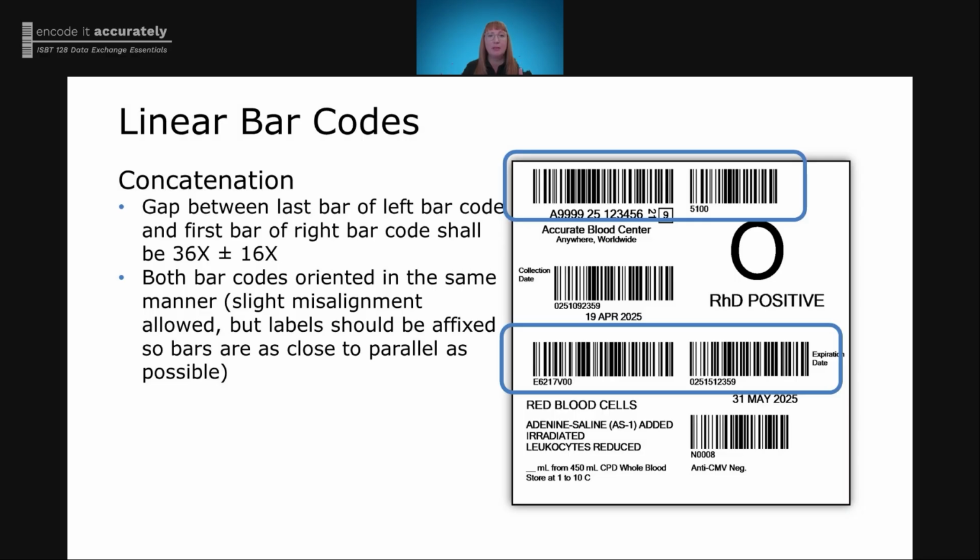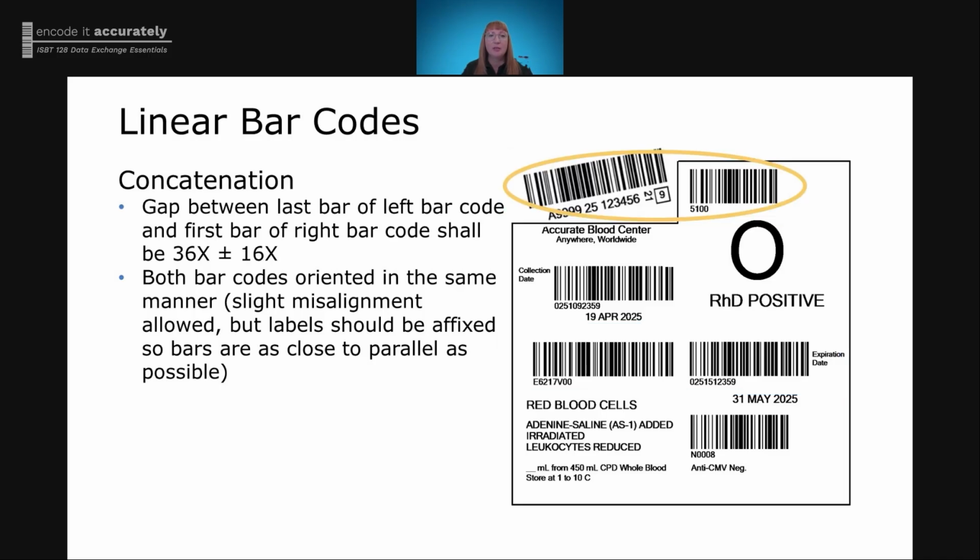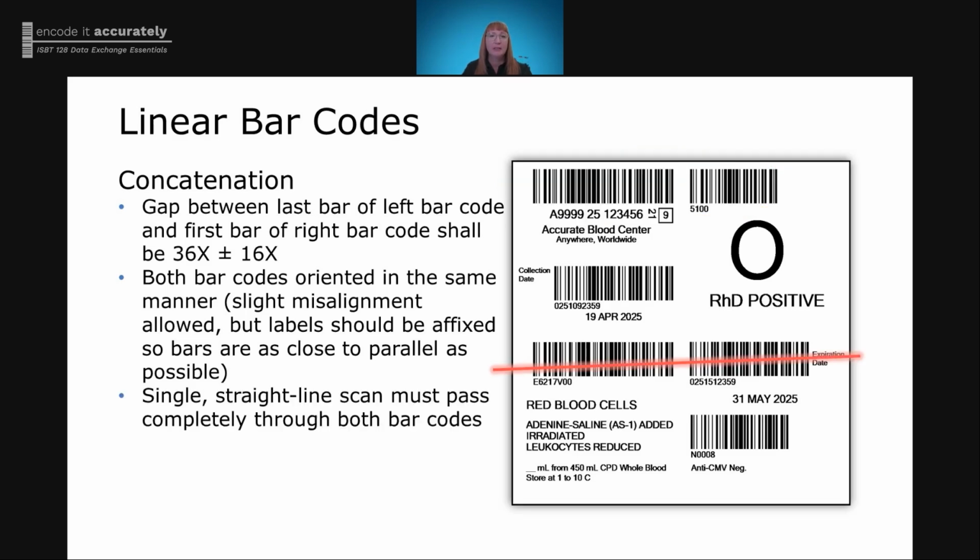So you can have some a little bit askew, but it has to be able to be read in one laser scan. So you're going to want to be careful and train your employees that the DIN sticker that goes on there really needs to be set so that it'll end up being parallel, so that when you do a scan, the laser scan goes through both of the barcodes that are meant to be concatenated.